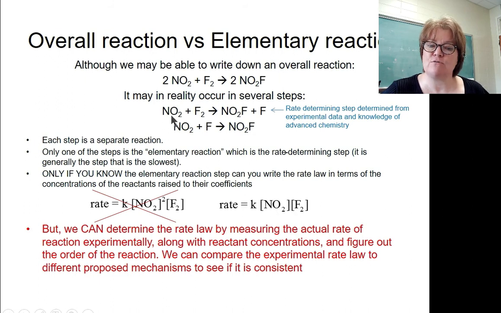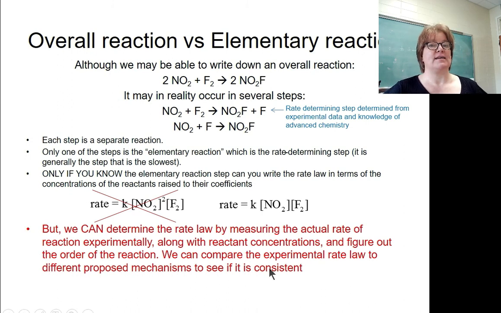So in this case, if NO2 plus F2 making NO2F plus F was the elementary rate determining step, then I know that my rate law would be rate = k[NO2]^1[F2]^1, because there's a 1 coefficient here and a 1 coefficient there. So this reaction would be first order in NO2 and first order in fluorine.